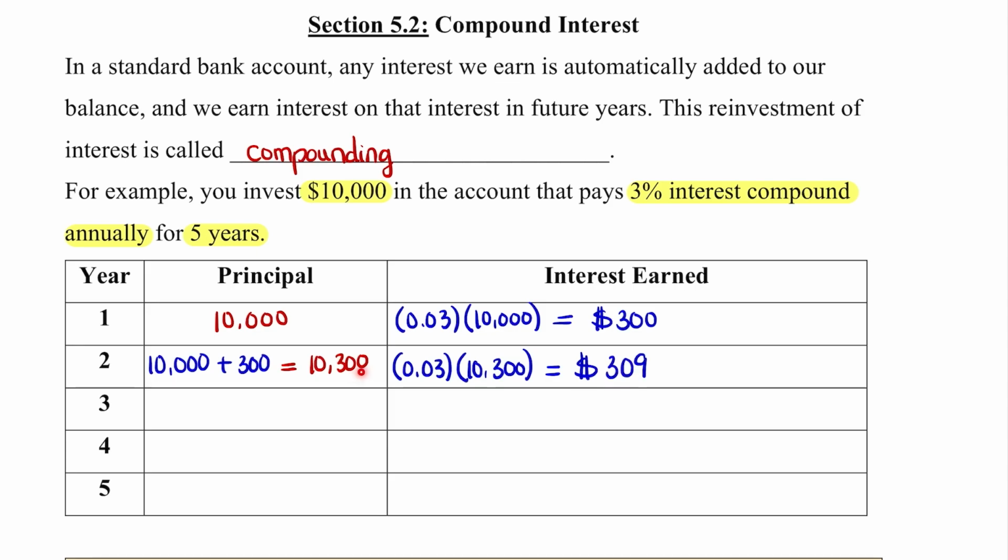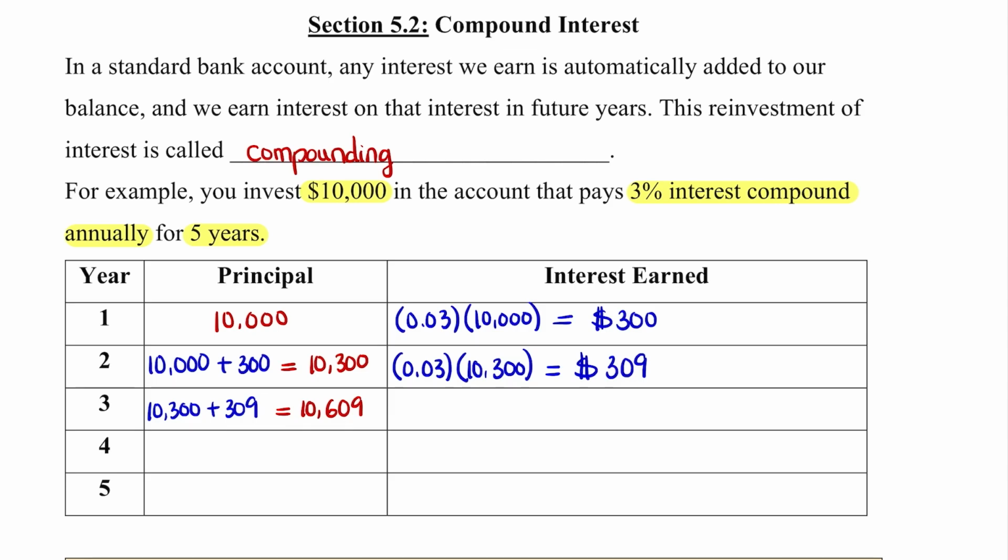So you see that I started earning interest on the $300, which is the interest that I earned from the first year. Now, in the third year, the principal will be the principal from the second year added to the interest that I earned from the second year. So it will be $10,300 plus $309, and that is $10,609.